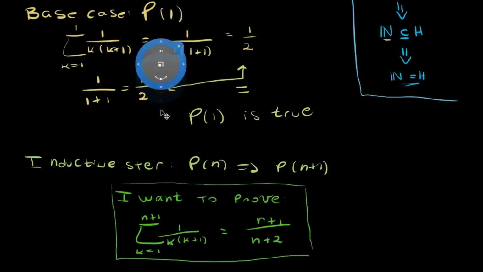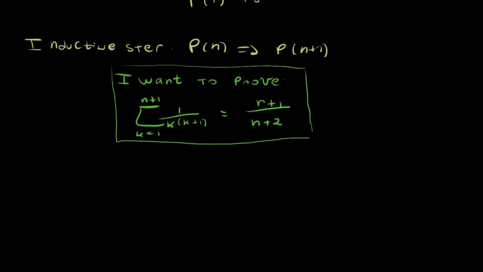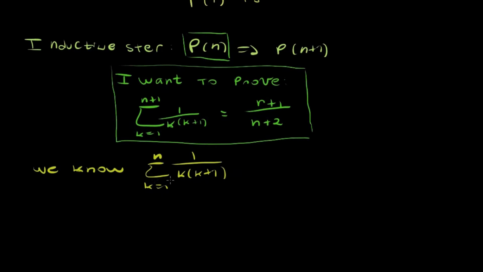And my hypothesis, the only thing I know is that p of n is true. So let's write our hypothesis. We know that the sum from k equals 1 to n of 1 over k times k plus 1, we know, because our inductive hypothesis says so, that this equals n over n plus 1.